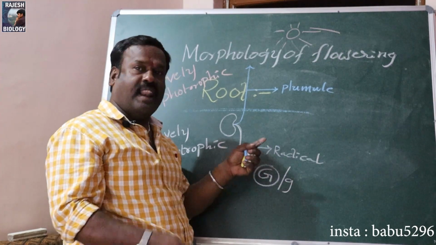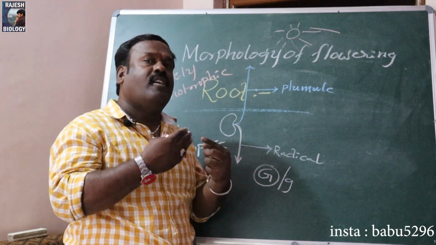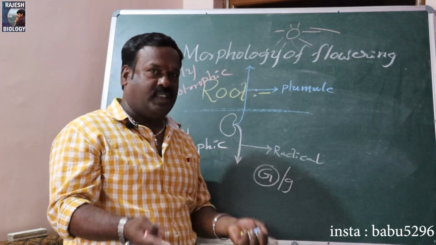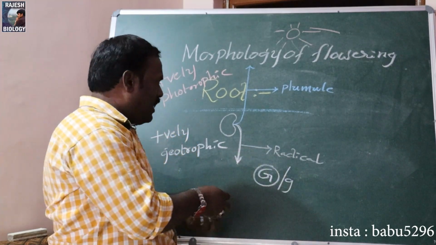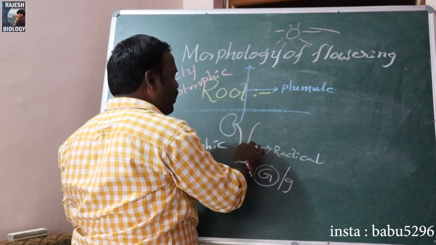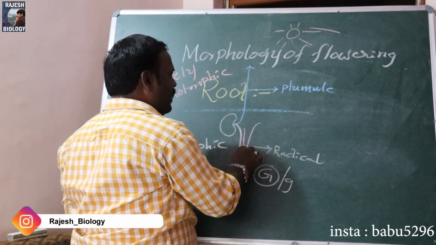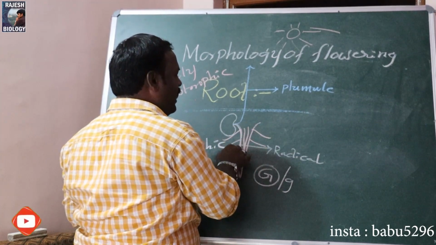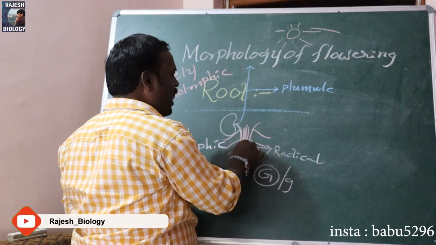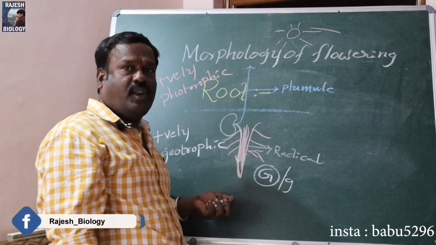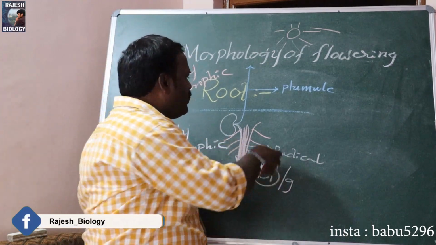After some days, the radicle becomes a root system. Root system means the primary root bulges, and on that primary root come lateral roots or secondary roots. On those secondary roots, tertiary roots also originate.